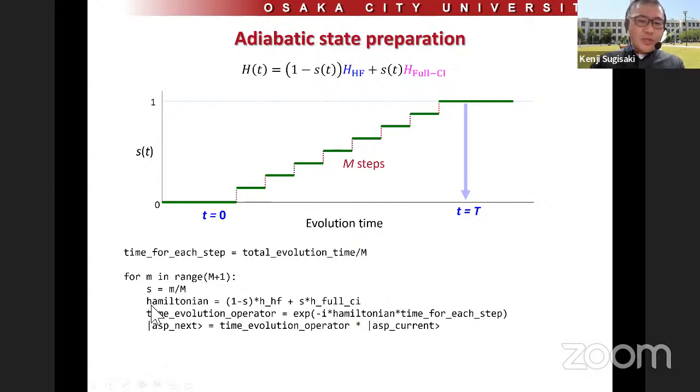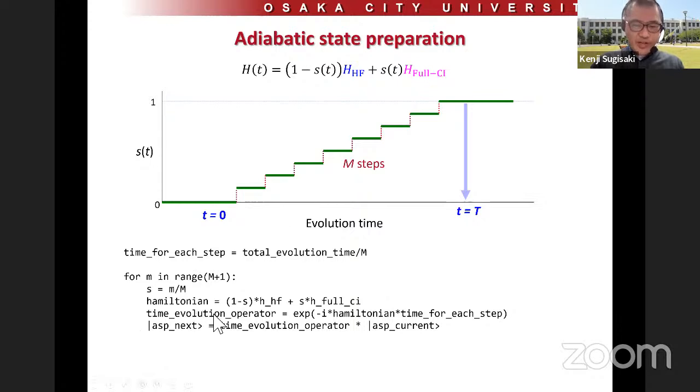So we set the Hamiltonian as (1 minus s) times the Fock Hamiltonian, or Fock operator, plus s times the full-scale Hamiltonian.